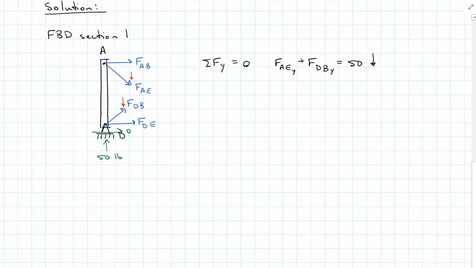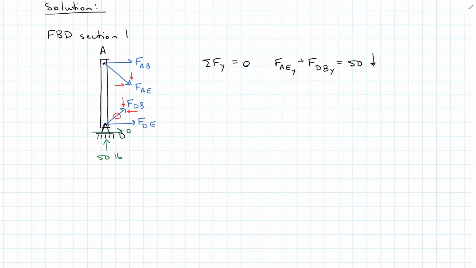If I am following the line of action of member AE, it's acting down and to the right. If I'm following the line of action for DB, in order for it to act down, it needs to go to the left. So which one's in compression? Force DB is in compression because it needs to go down and to the left to compensate for that 50 pounds going up.